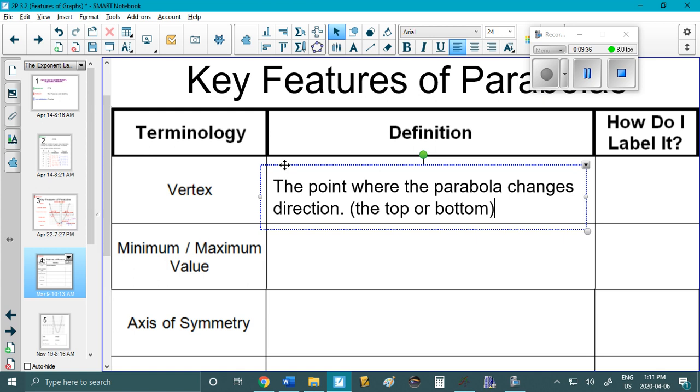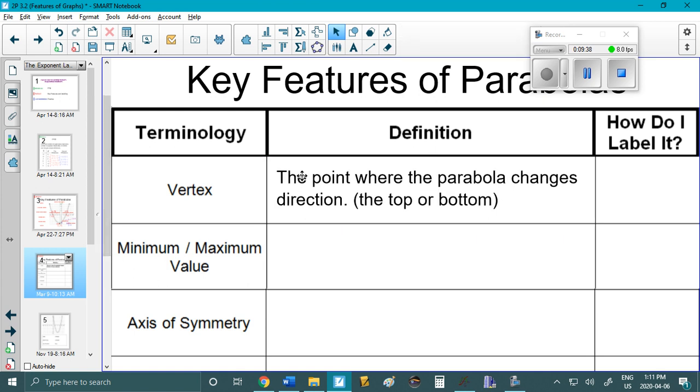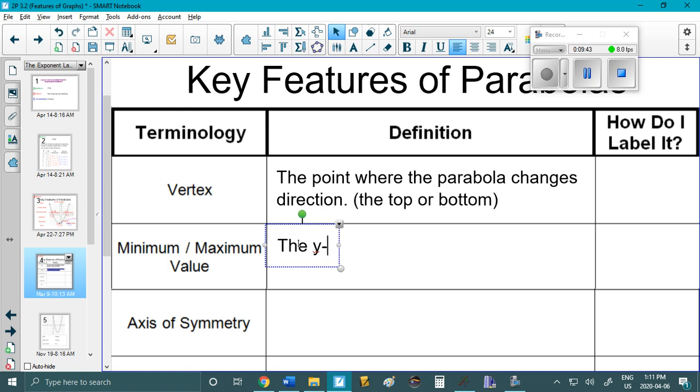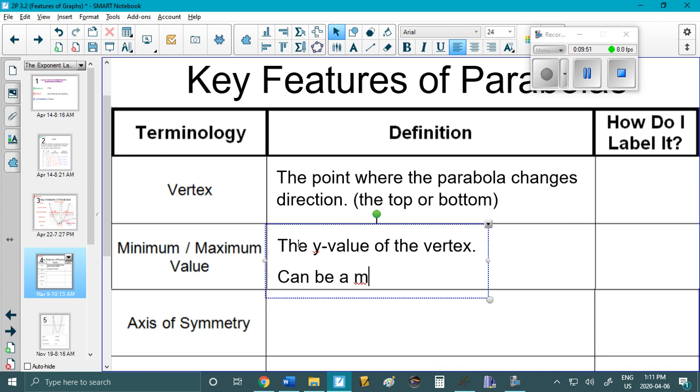Okay, I'm just trying to word this as simply as possible. I'm not going to test you on the definitions. The minimum or maximum point, that's going to be the y value of the vertex. It can be a max or a min.